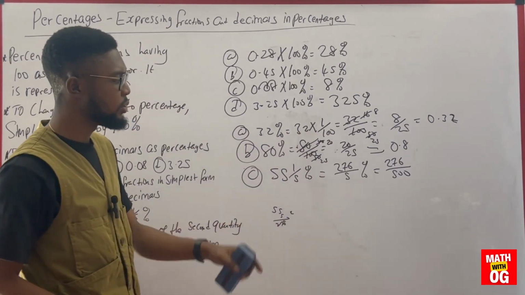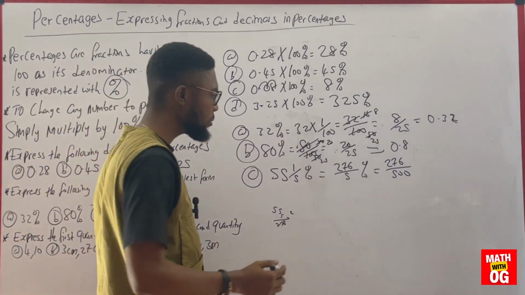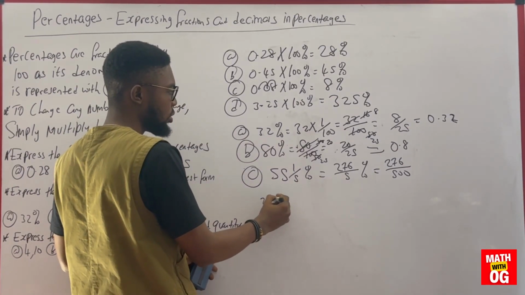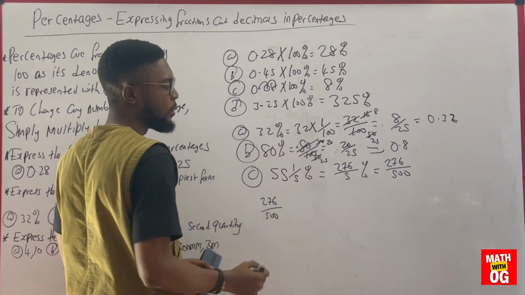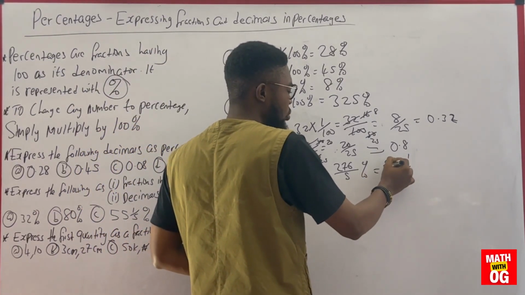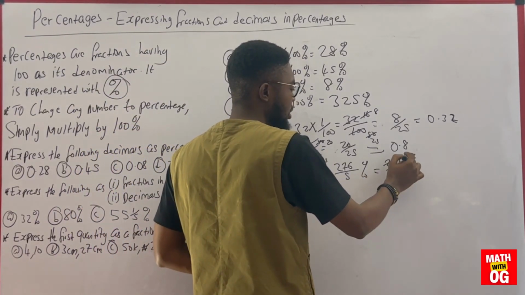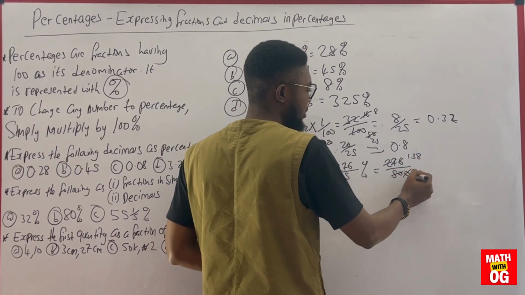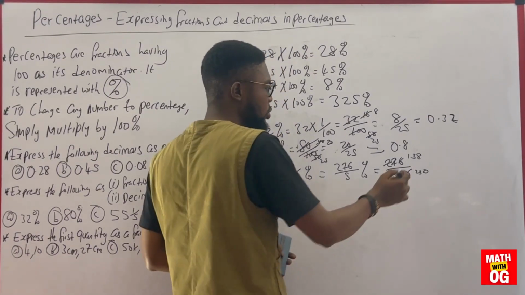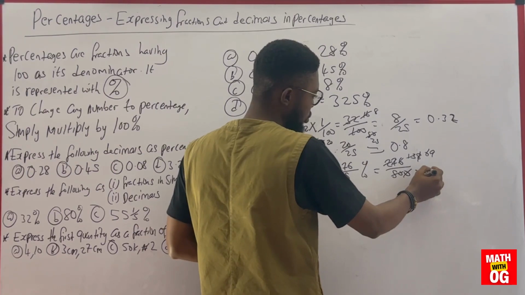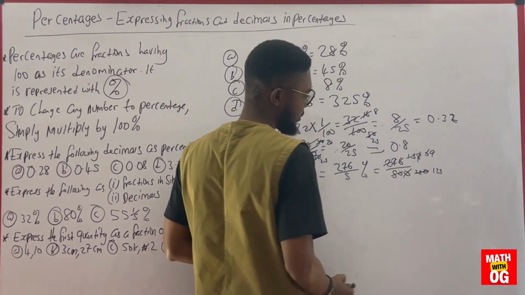Now let's start reducing to the lowest term. Let me leave this here because I'm going to use it to get the decimal form. But let's express it in its lowest term. 2 into 2 is 1, 2 into 7 is 3, remainder 1, 2 into 16 is 8. 2 into 50 is 25, 0. We go again with 2. 2 into 13 is 6, remainder 1, 2 into 18 is 9. 2 into 250 is 125.